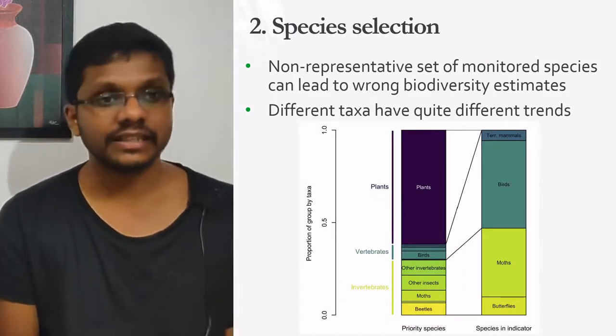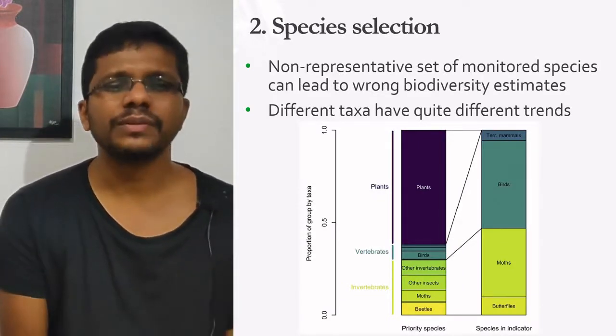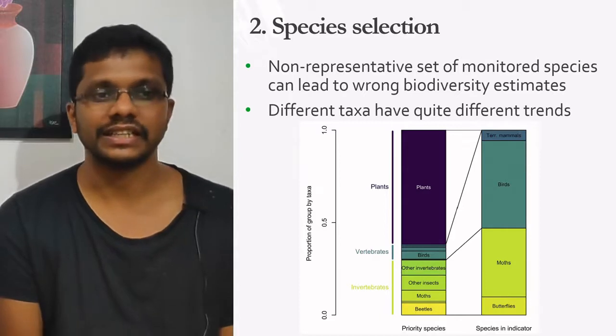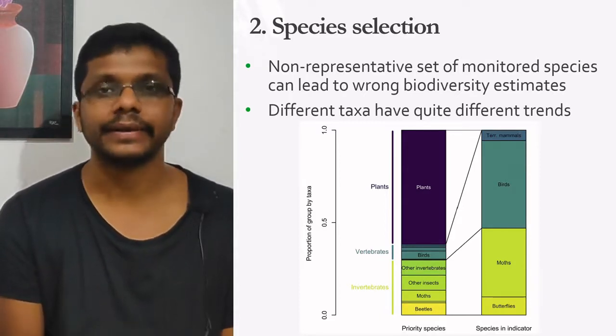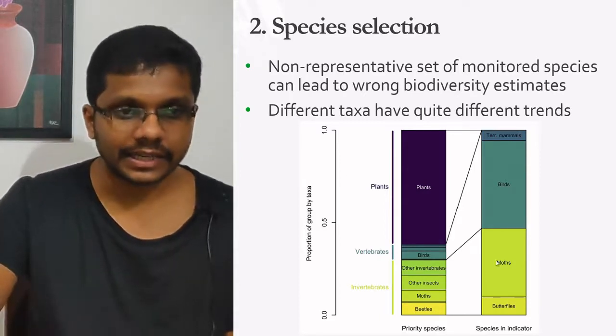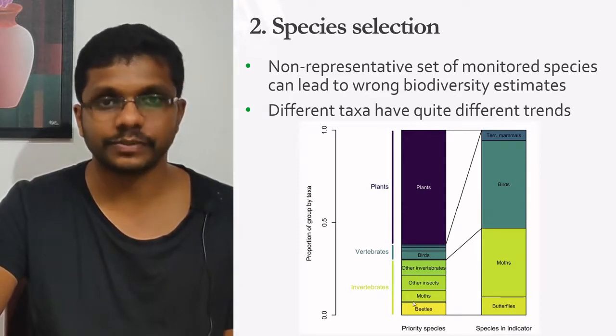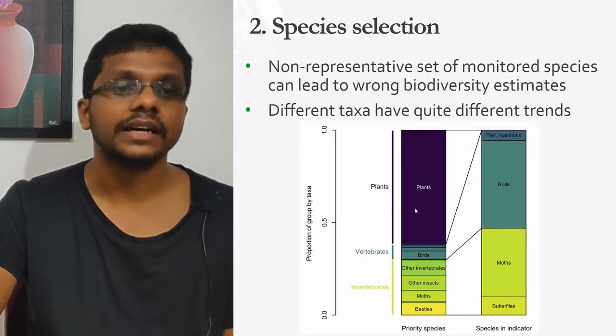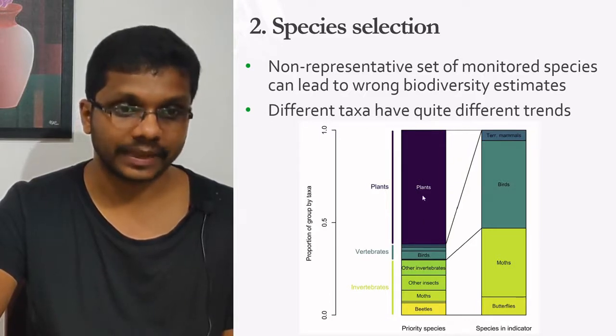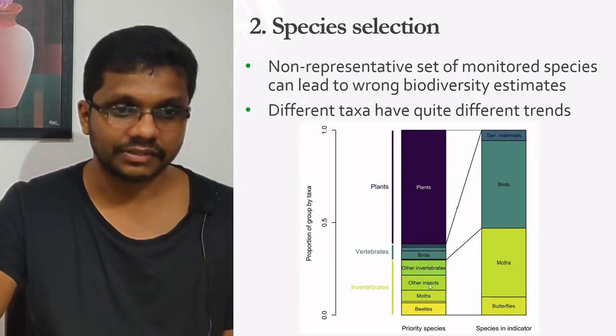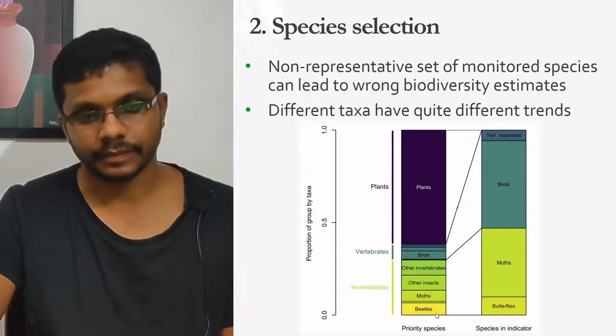Then species selection. Most of the surveys do not have representative sampling. Here you can see the actual number of different types of species. We have this much proportion of plants, birds, other invertebrates, insects, moths, and beetles.